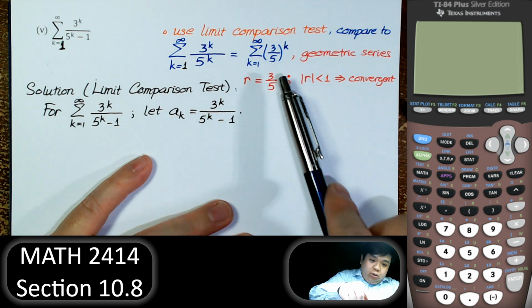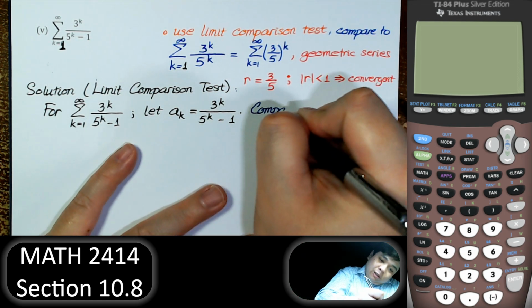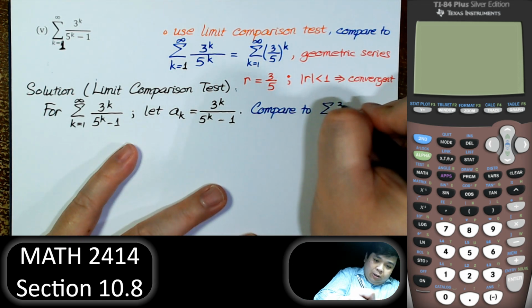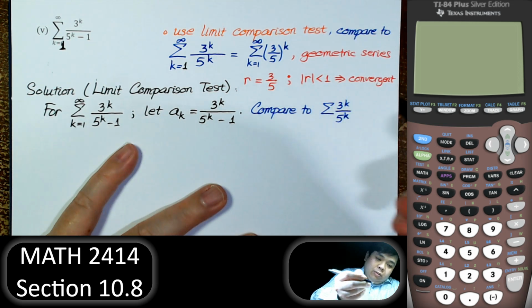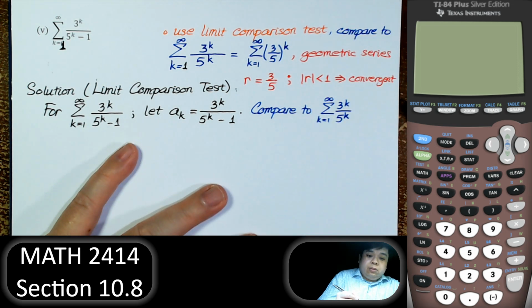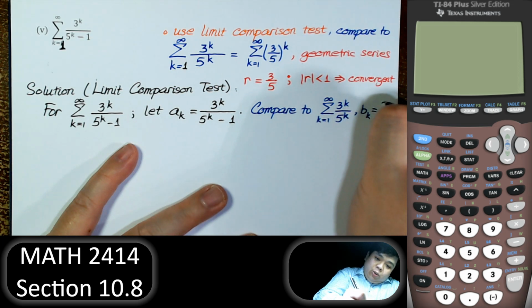And now we compare to this, where b of k is 3 to the k, 5 to the k.